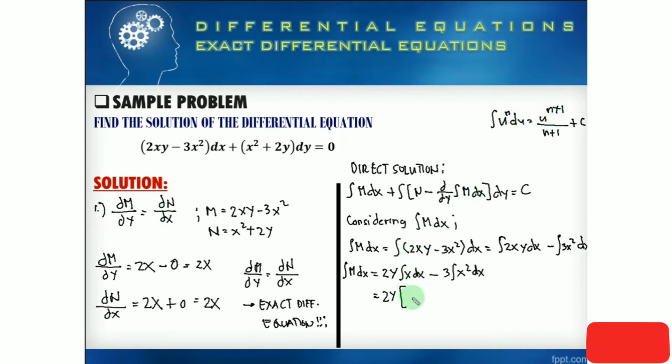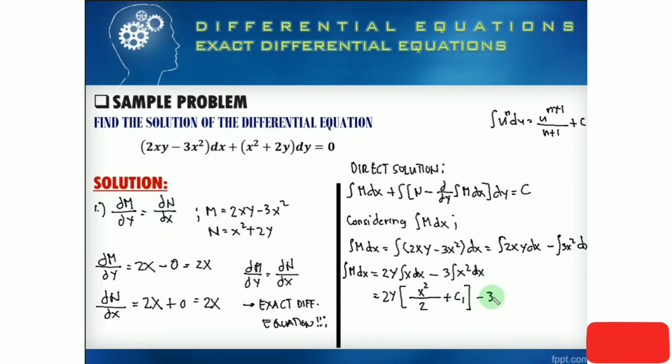So we can say that this is, since our exponent is 1 plus 1, so this is x squared over n plus 1, over 2, plus your constant, where in this case we will assign our constant as c1.